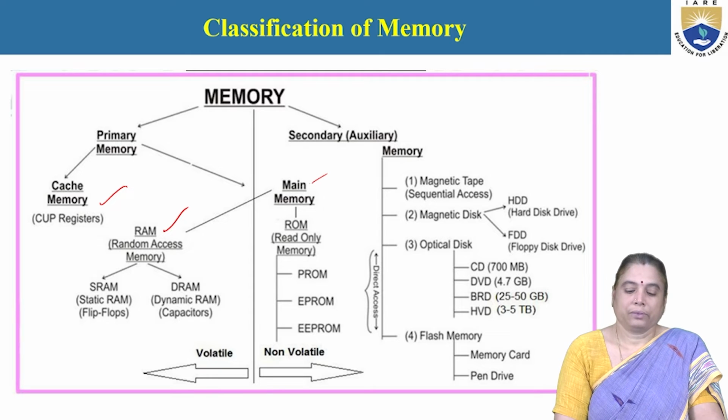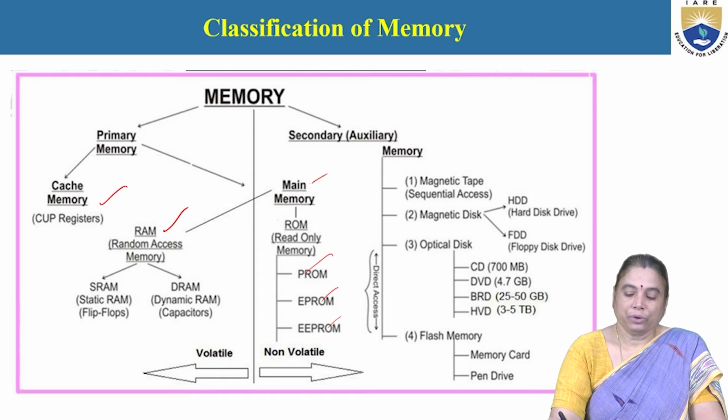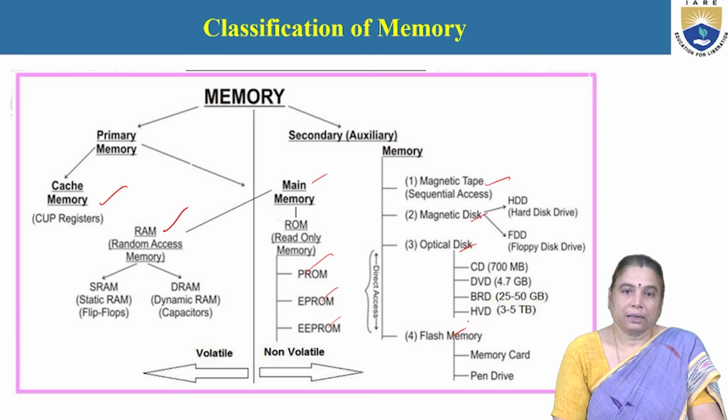Based on this, the ROM can be categorized as PROM, EPROM, and E-squared PROM. The secondary storage devices can be categorized into magnetic tape, magnetic disk, optical disk, and flash memories. All these categories we discussed in the previous videos.